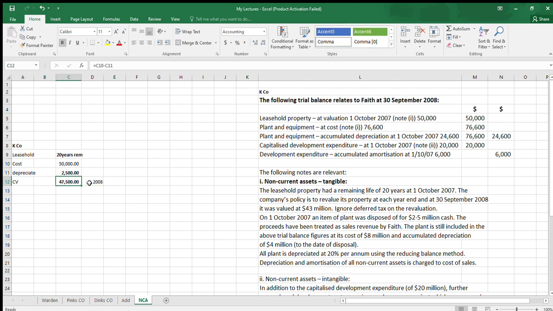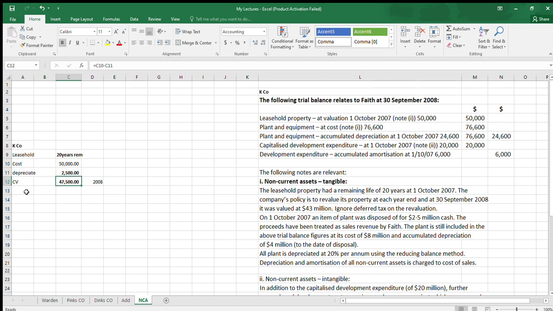So in order to do your revaluation, this format is for every question on revaluation. What you need first is your carrying value as at the time of revaluation. To get the carrying value, it is the cost minus the depreciation. So we subtracted this depreciation from the cost of $50,000 to get the carrying value of 47,500.